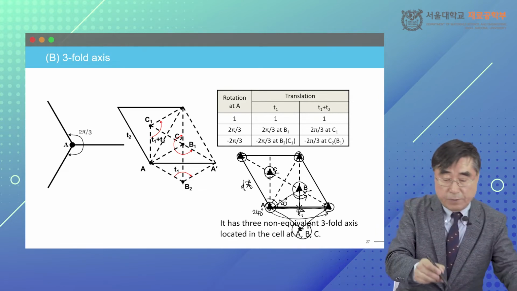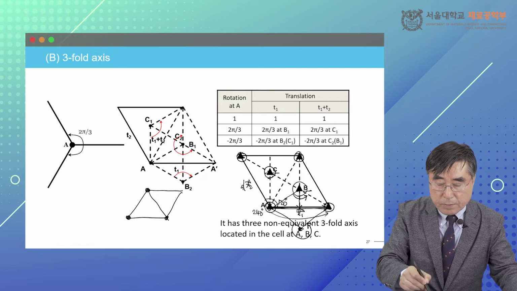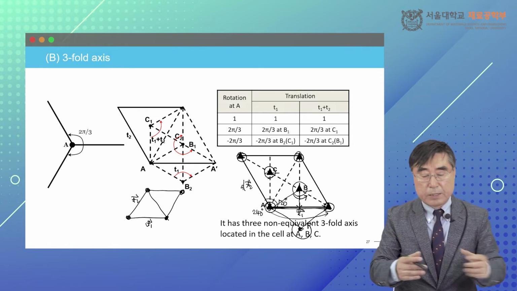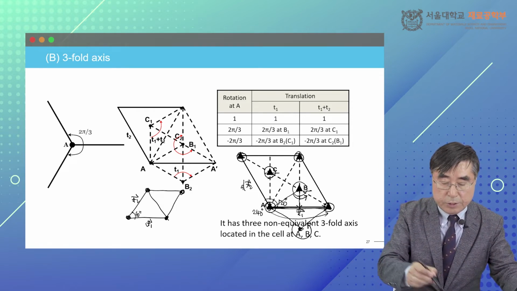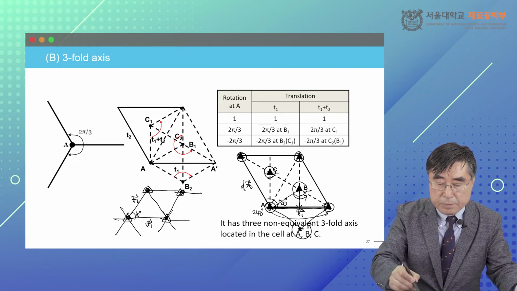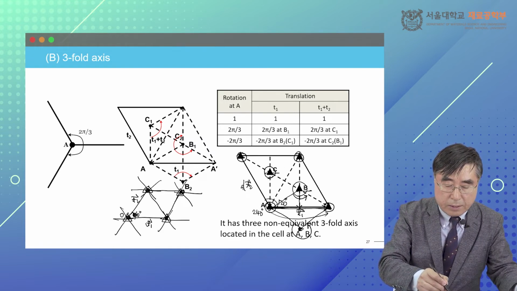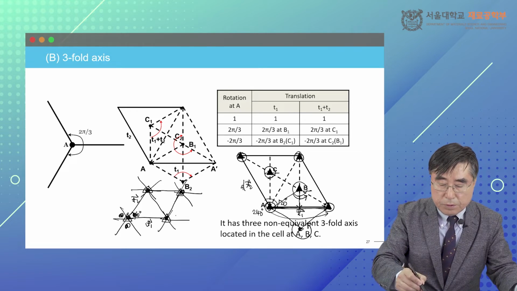Okay, if you want to confirm it, when I draw it like this, this is the lattice point, and this is the T1 vector, this is the T2 vector, but this one has now in this case a 60 degree rotation angle. If I put threefold, threefold, threefold, threefold, if I put the general poles around here, identical to each lattice point.